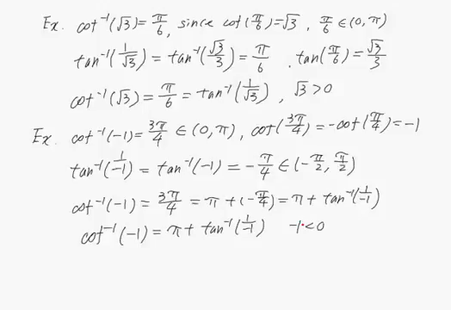And in these two cases, we see the relationship between the inverse cotangent of x and the inverse tangent of 1 over x. So now let's summarize these facts. So actually, you have this relationship between the inverse cotangent of x and the inverse tangent of 1 over x.